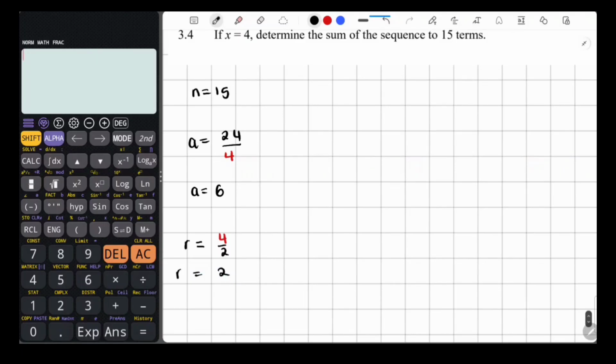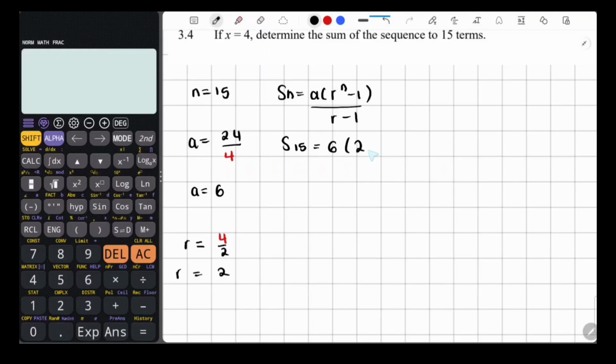So our ratio is 2, and there's a formula that you use when r is greater than 1. I'm going to use the formula Sn is equal to a bracket r to the power of n minus 1 over r minus 1. And so S of 15 is equal to a, which is 6, open bracket, we have now our r, which is 2.